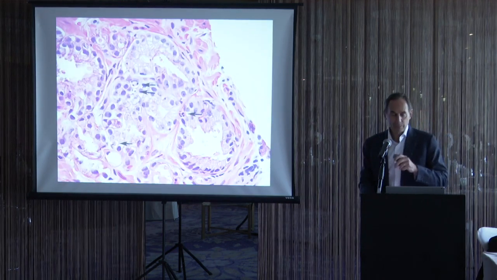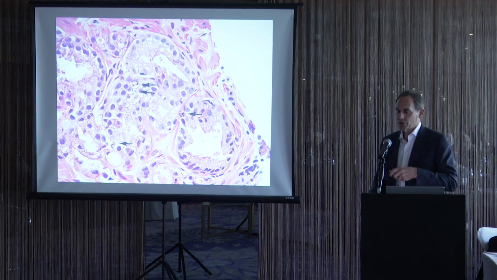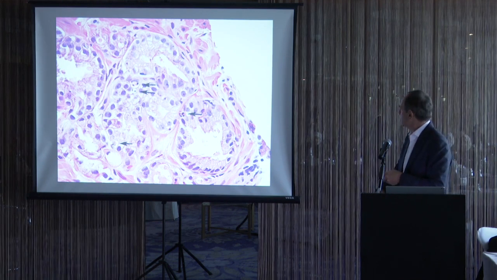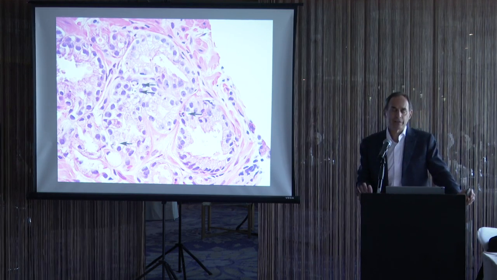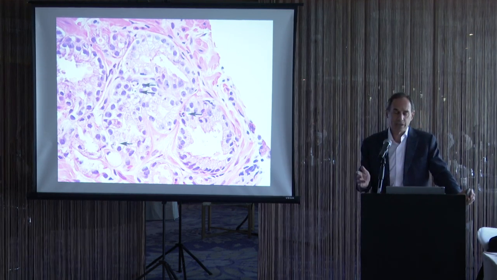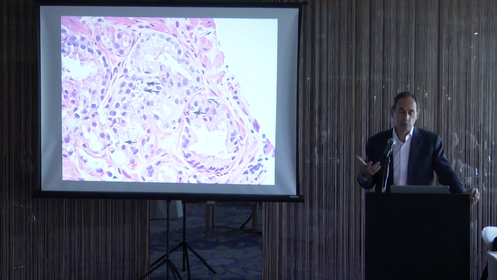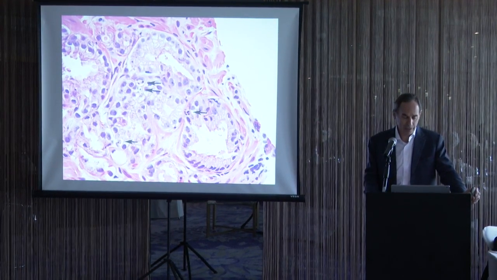I mentioned apoptotic bodies. Apoptotic bodies are actually fairly common in cancer and can help make the diagnosis of cancer. They're typically not seen in any other benign lesion. They can be seen in prostatic intraepithelial neoplasia, which we'll talk about in a subsequent lecture.